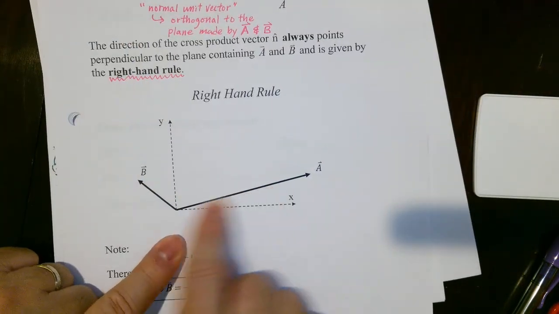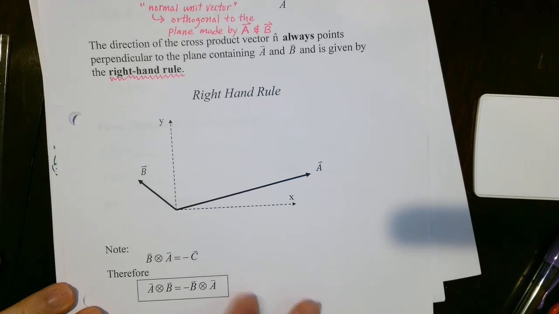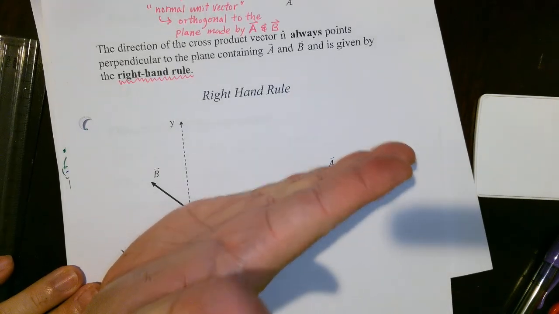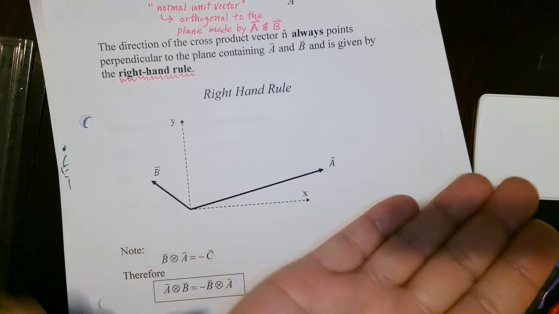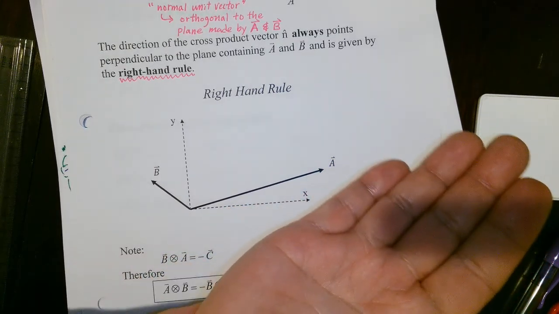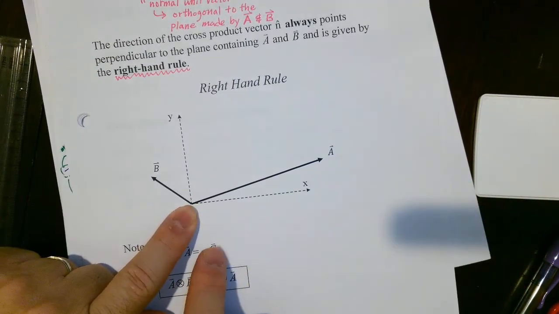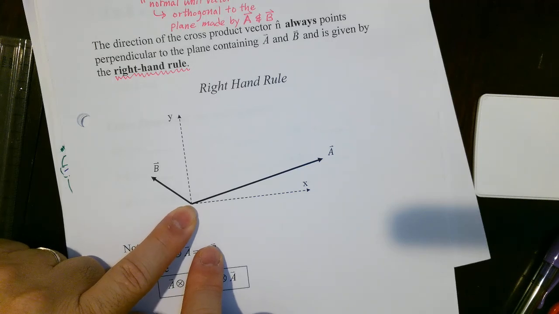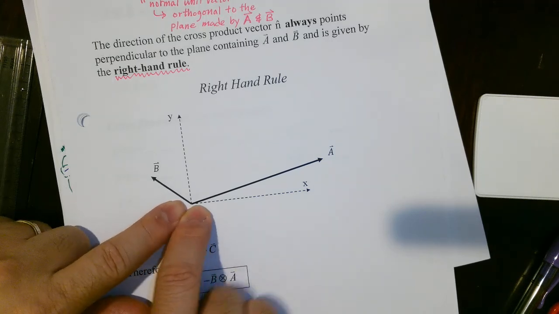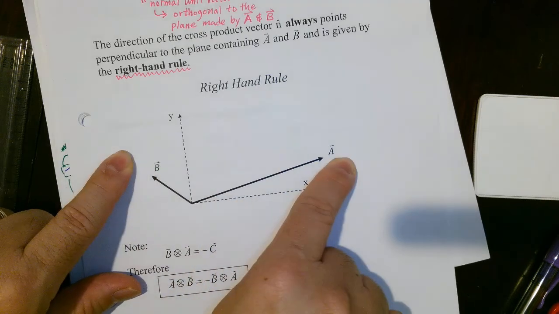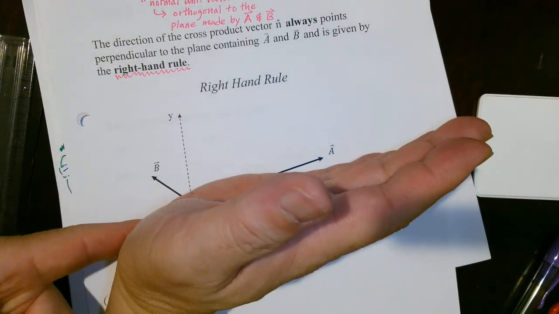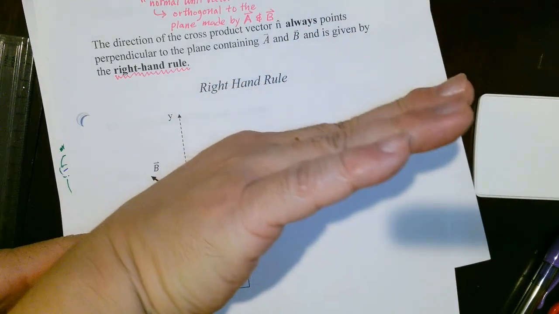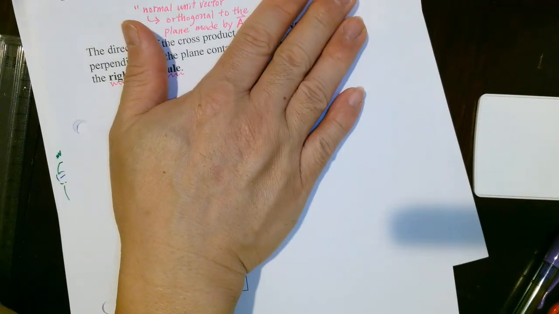When I cross A cross B, I place my fingers along the A, which is the first vector, and place the hinge of your wrist at the common point, right? So place both vectors at the common point, place the hinge. I could only do it this way or this way. I cannot do it this way, all right?